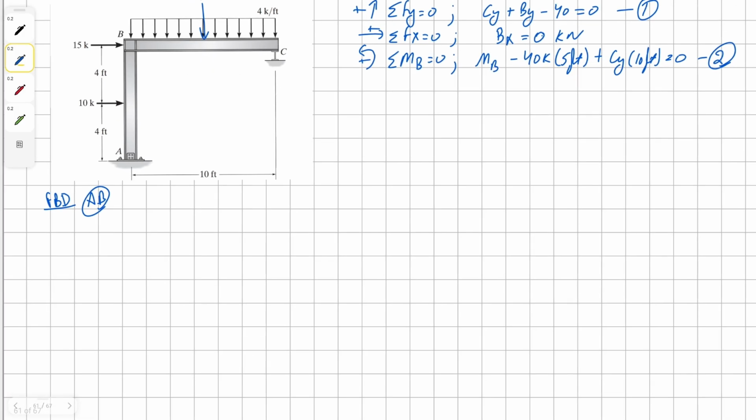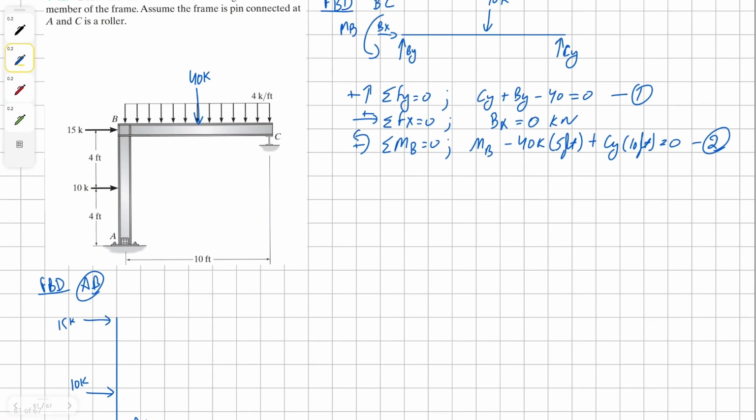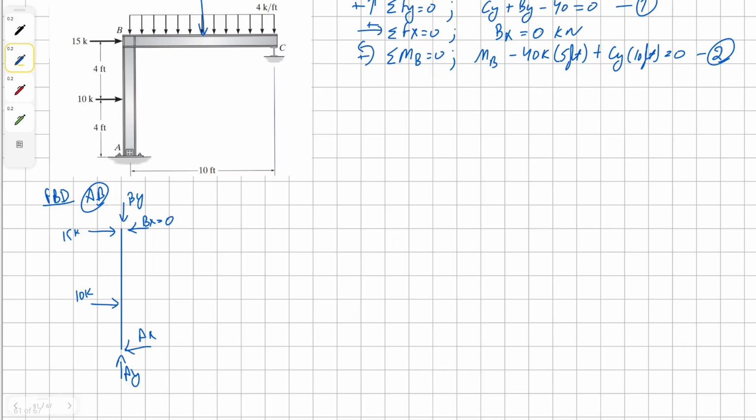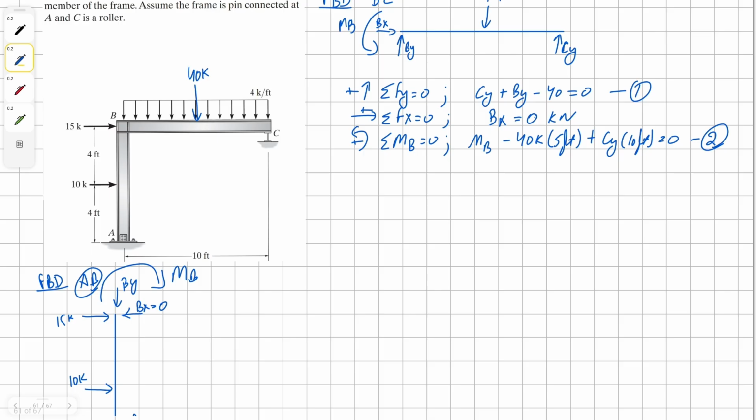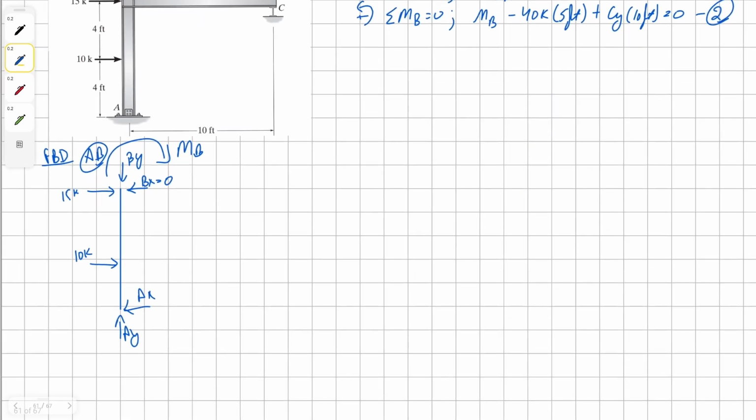So for AB, you're going to have horizontal and vertical force at A. Then we have two point loads, one 4 feet away from A, and another one, 15K, 4 feet away from the 10K. And then we have B. So at B, we have Bx, which we have found to be 0, By, which we don't know, and then we have a moment.